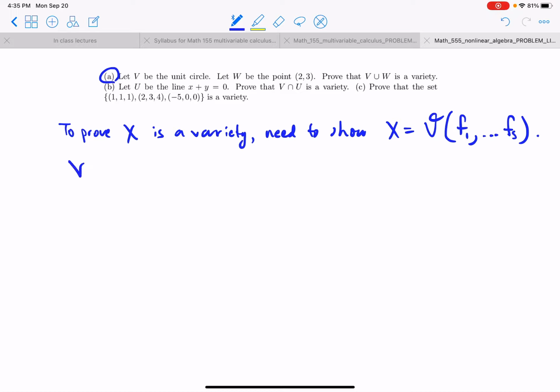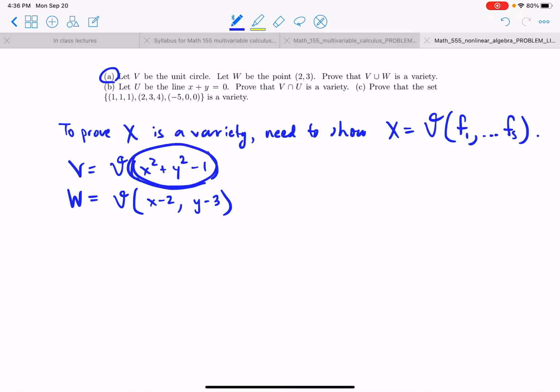Okay, so the unit circle is the vanishing set of x squared plus y squared minus 1. W is the point (2, 3), so W is the vanishing set of x minus 2, y minus 3. Note this is the vanishing set of one polynomial, and this is the vanishing set of two polynomials.